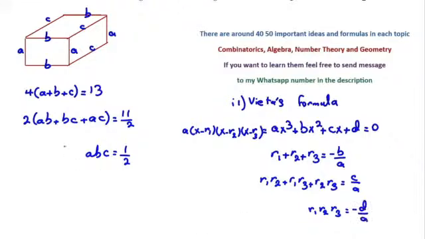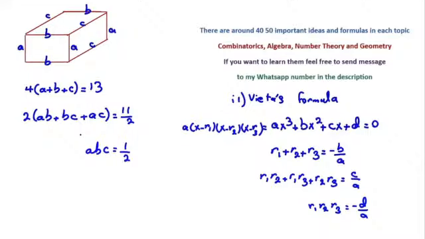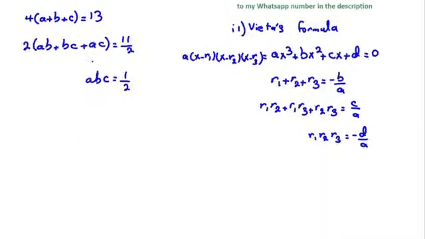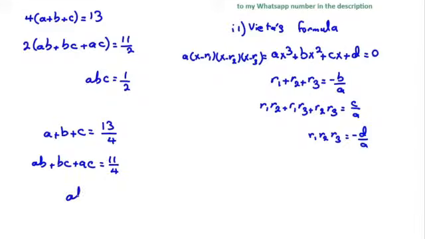Now, I want to write a polynomial whose roots are a, b, c. So for writing that, first I simplify: a plus b plus c is what? It is 13 over 4. ab plus bc plus ac is what? 11 over 4. And abc is what? 1 over 2.